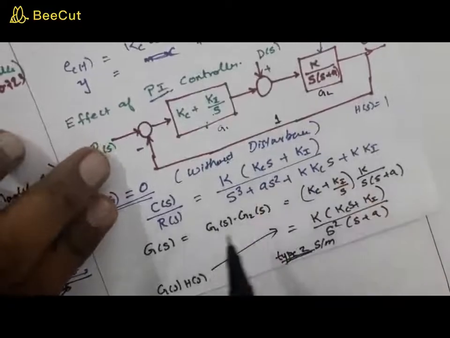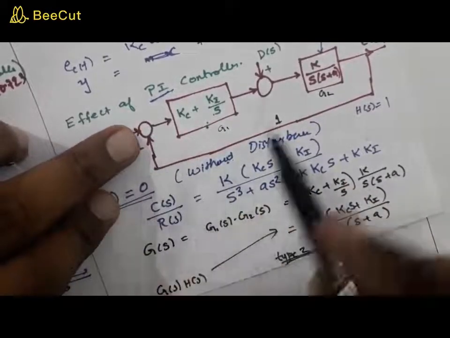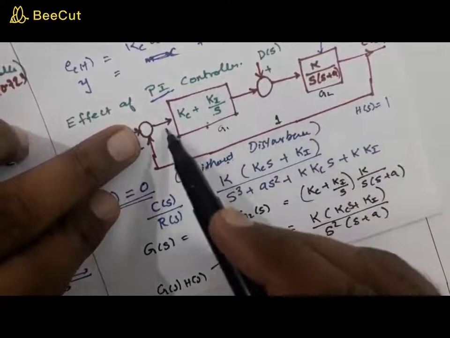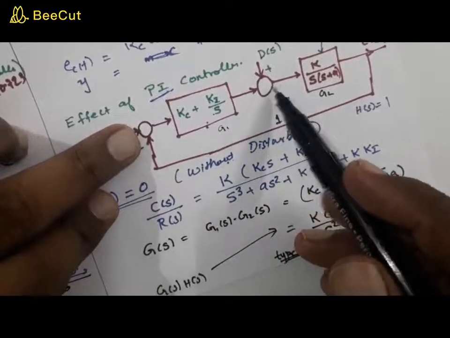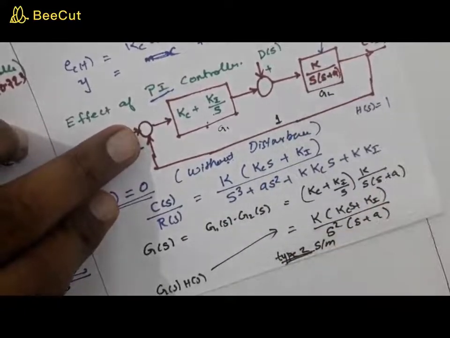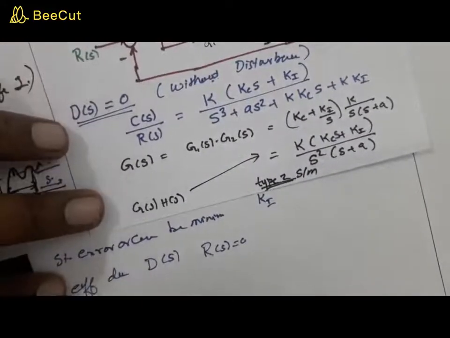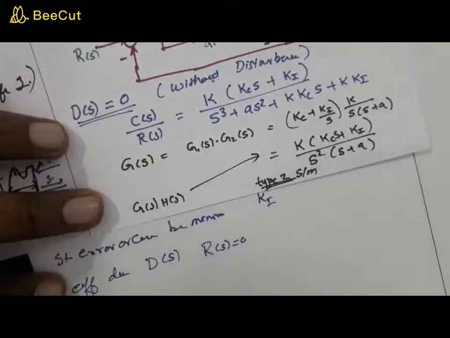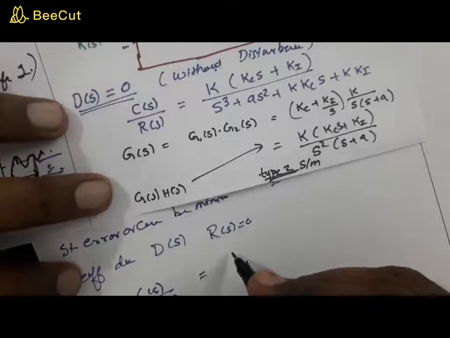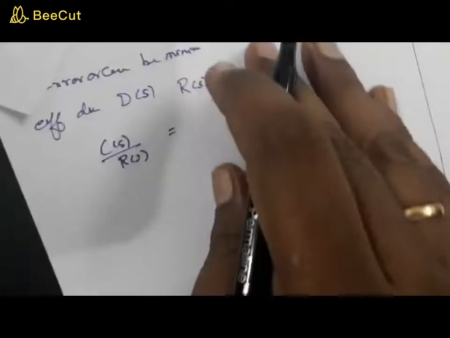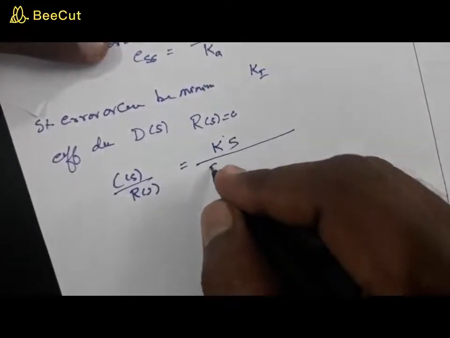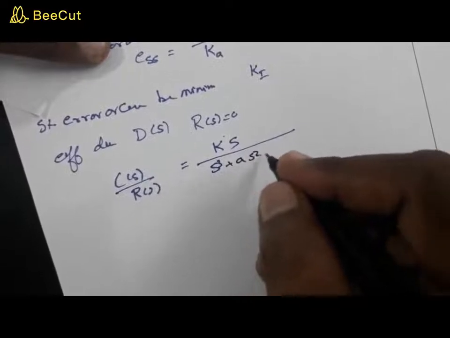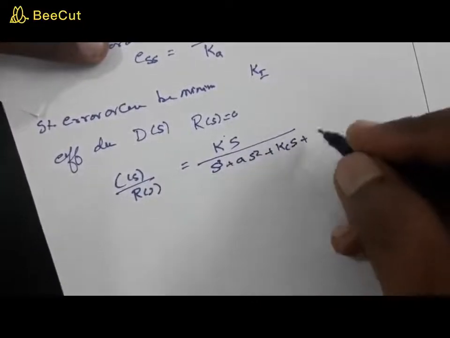What will be happening when you make R(s) to 0? This particular thing becomes part of the feedback, and this is only the forward path gain. That means C(s)/D(s) is going to be equal to K s divided by s cubed plus a s squared plus Kc s plus Ki.